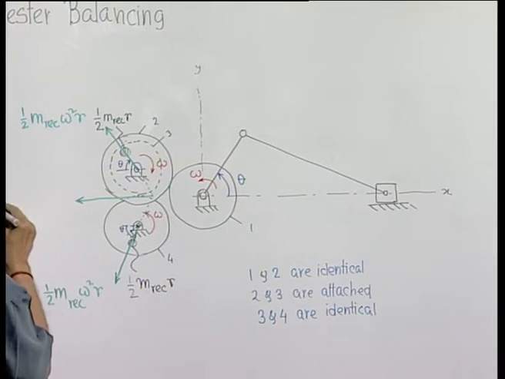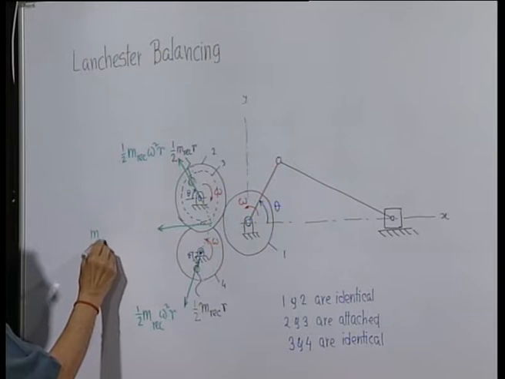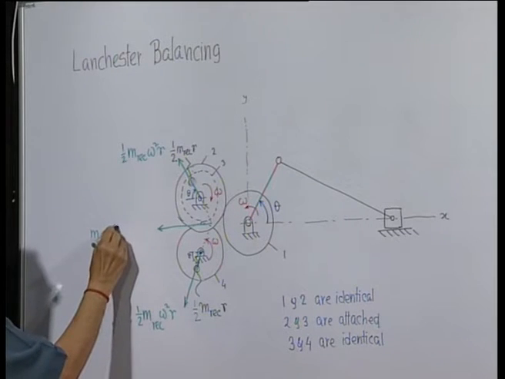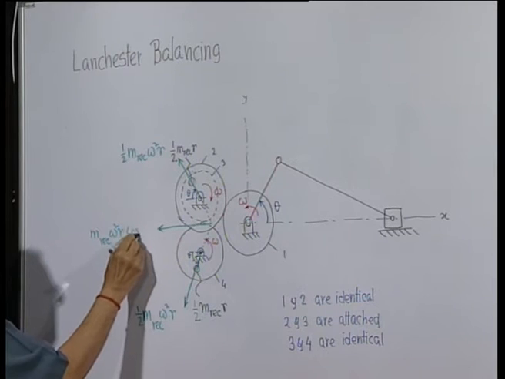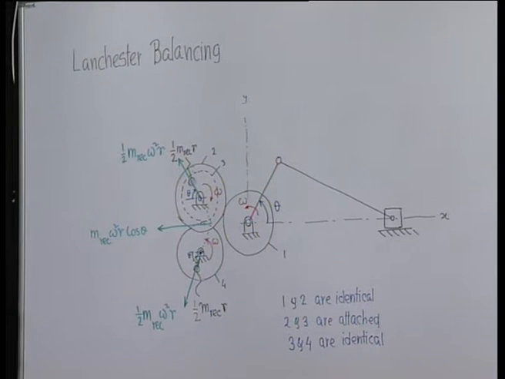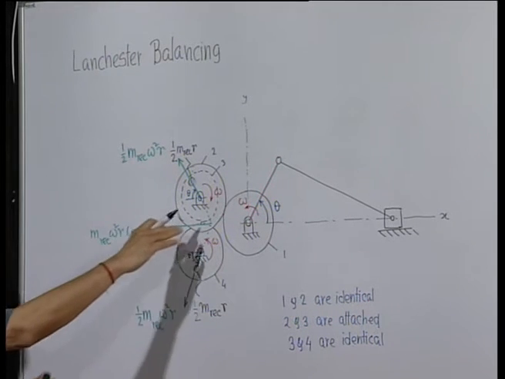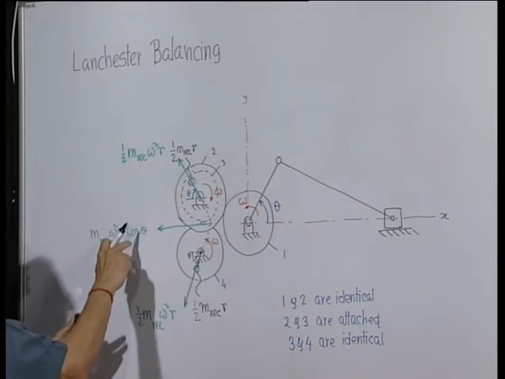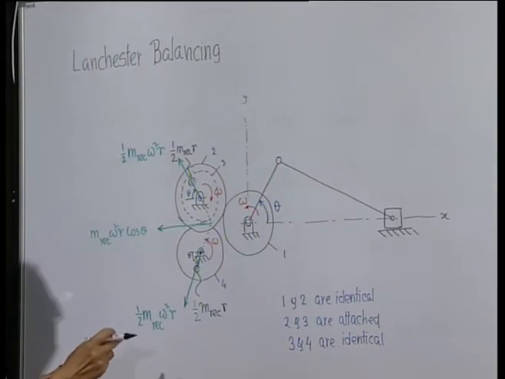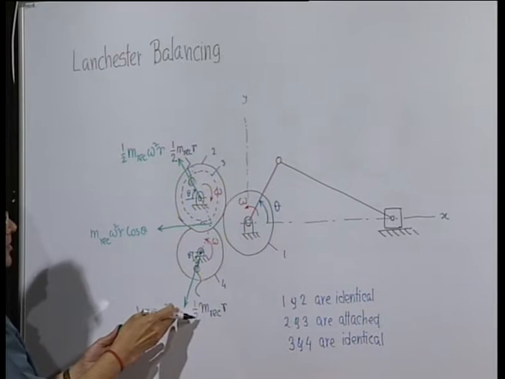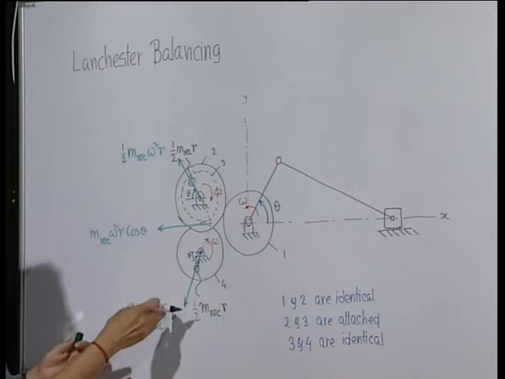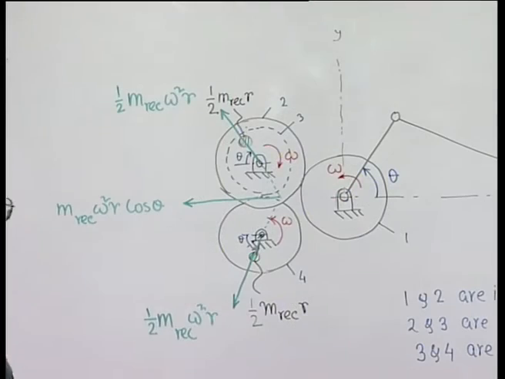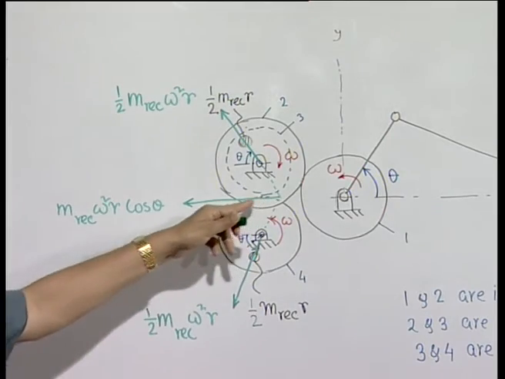Then the resultant will be m reciprocating omega square r cosine theta. The x component of this in this direction is half m reciprocating omega square r cosine theta. The component of the other along the x direction is again half m reciprocating omega square r cosine theta, combined.